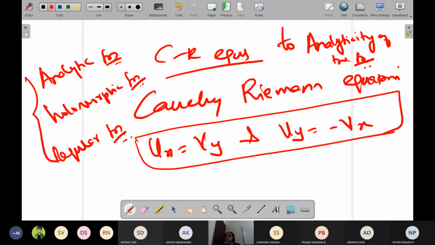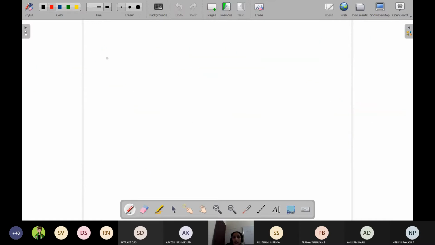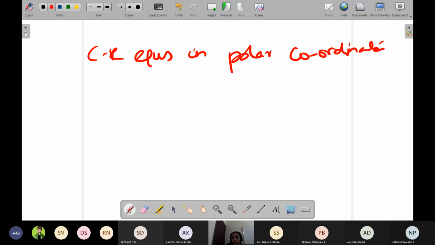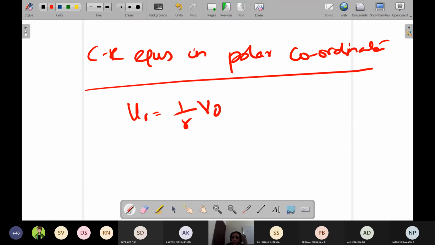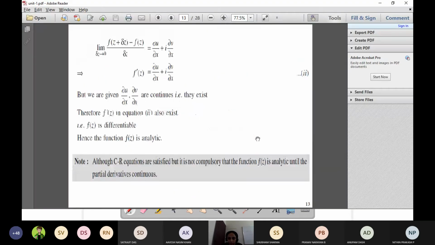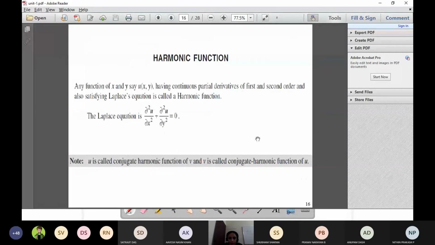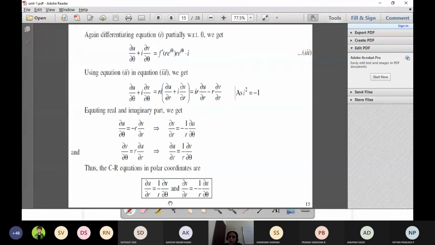There are CR equations even in polar coordinates. What are they? Ur is equal to 1 by r v theta and vr is equal to minus 1 by r u theta.